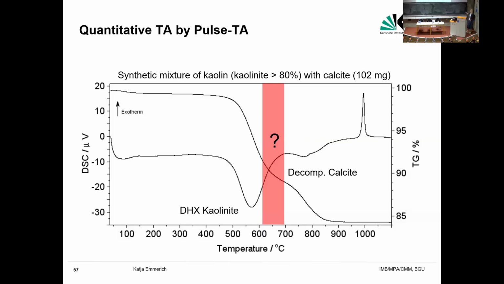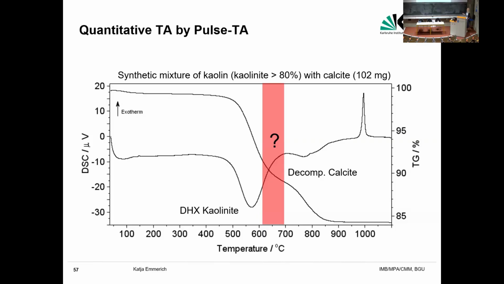But between the mass loss due to the dehydroxylation and the mass loss due to the decomposition of the calcite, you cannot determine a baseline. You cannot see where one mass loss ends and where the next mass loss starts. So you will have a certain error because you cannot put the boundary somewhere here.